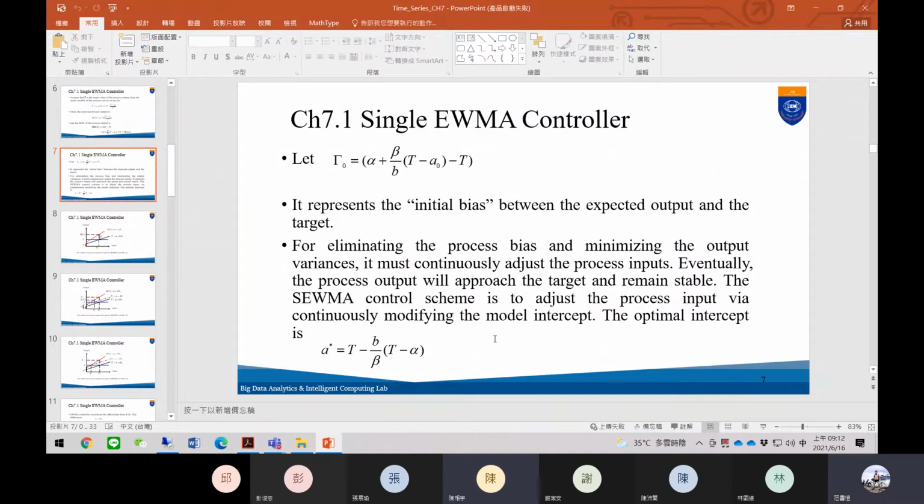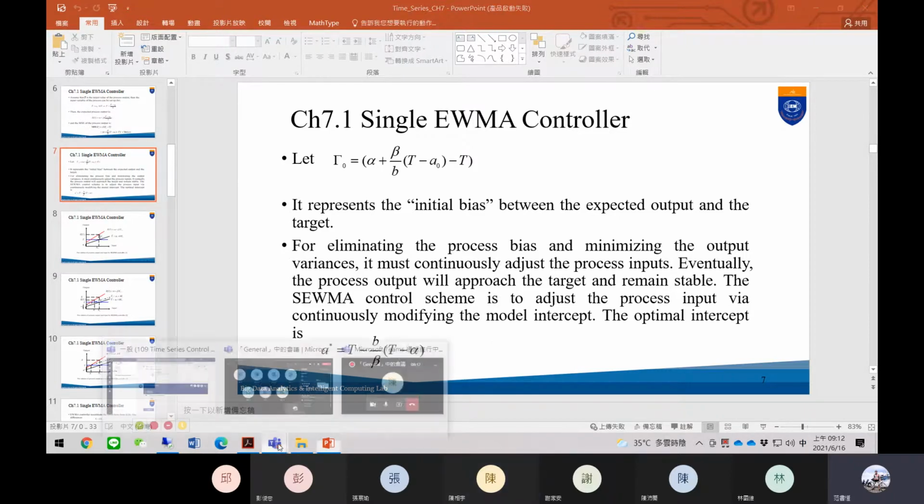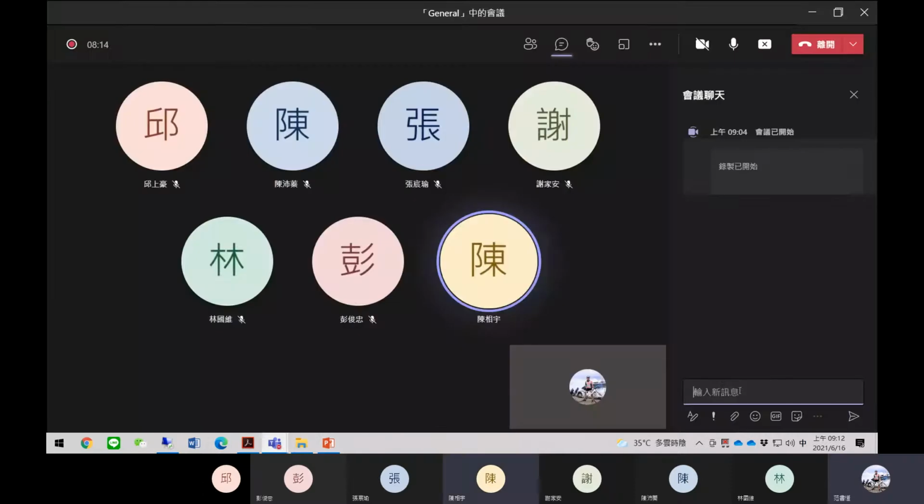Okay, let's get on the page number 7. The single EWMA controller. EWMA stands for exponentially weighted moving average.